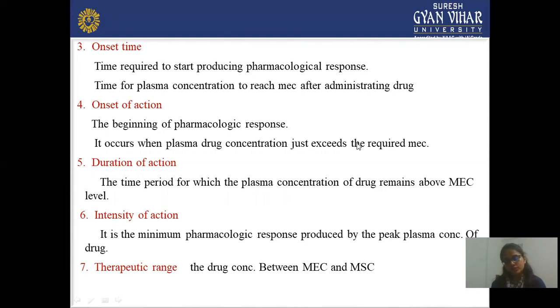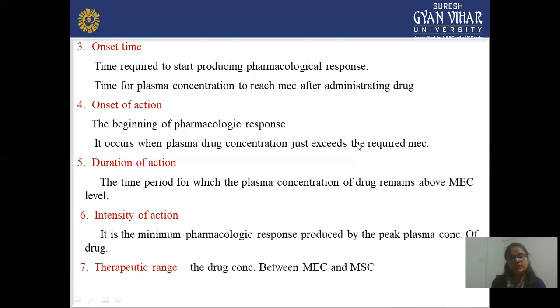Next is onset of action. The previous one is the time, meaning you are checking how much time is required to show the desired pharmacological effect. Onset of action means how the action is produced, or how the pharmacological response is observed for a particular drug. The beginning of a pharmacological response, the starting of your desired therapeutic response, is known as the onset of action.